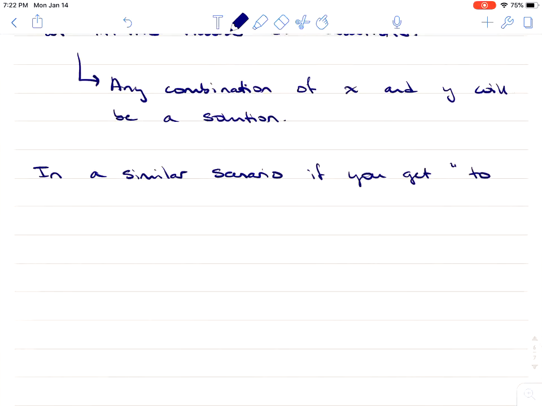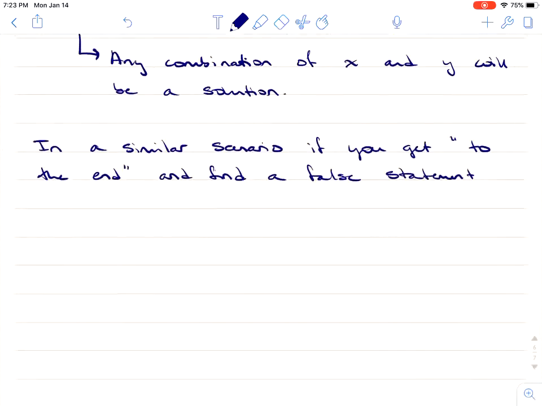So I'll say to the end, and find a false statement like 4 equals 2, then there are no solutions to the system.